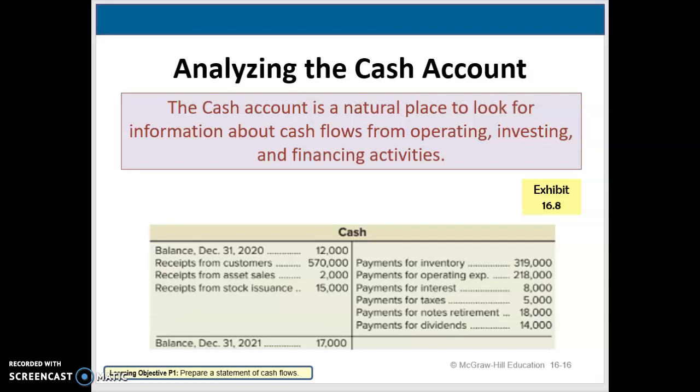So again, our statement of cash flows is going to summarize and classify the transactions and explain how we went from $12,000 to $17,000, or had an increase of $5,000. We're going to be preparing a statement of cash flows, and that's going to require determining whether an individual cash outflow or inflow is falling under the operating, investing, or financing section, and then listing each of those activities.